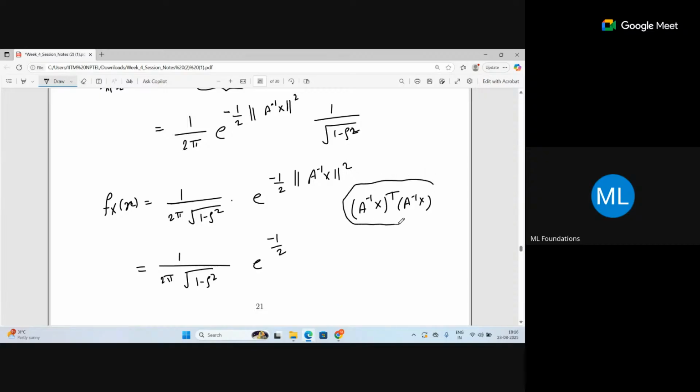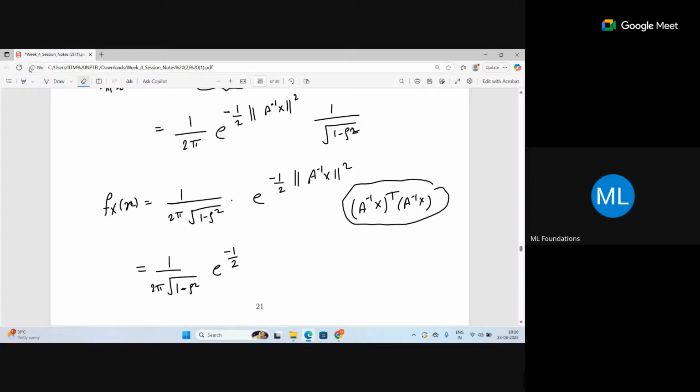So maybe I'll just circle it around here. So 1 upon 2 pi square root of 1 minus rho square, e to the power minus half, x transpose A inverse transpose A inverse x, right?